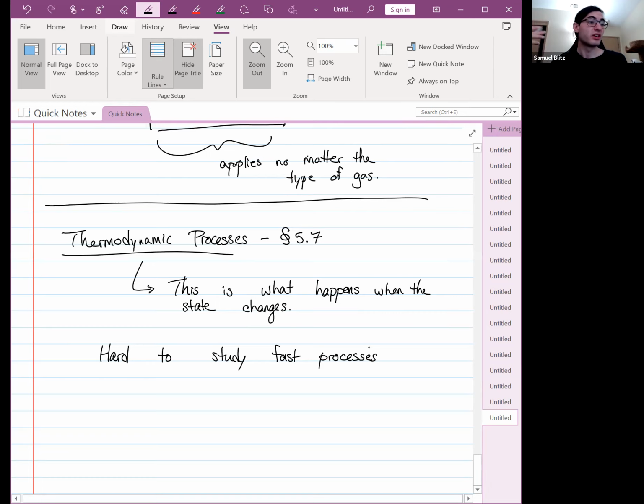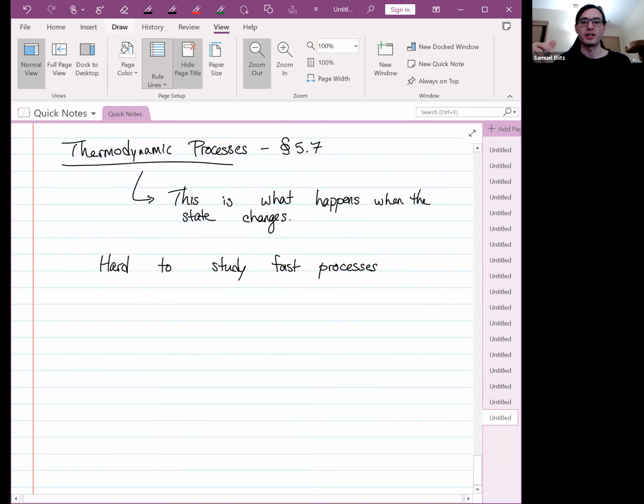We're instead going to study slow processes. The reason we're going to do that is because it allows us to take a simplified view.